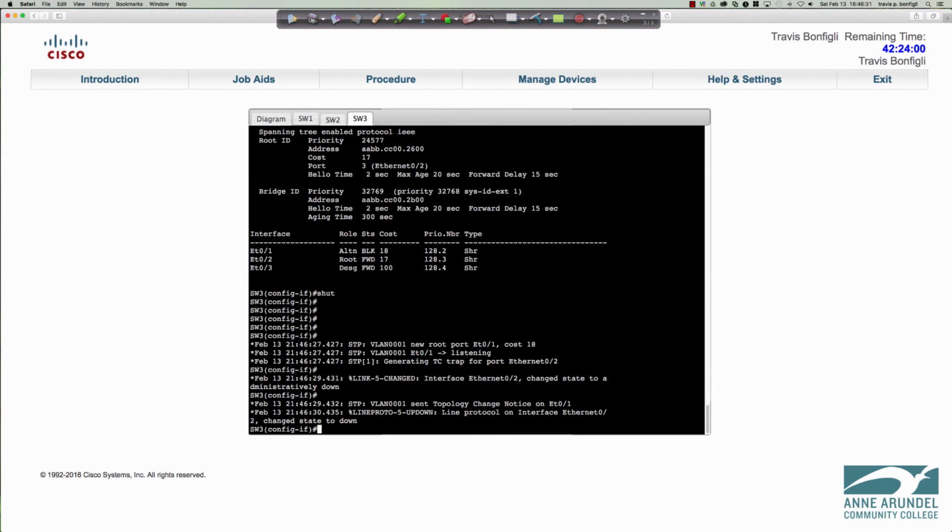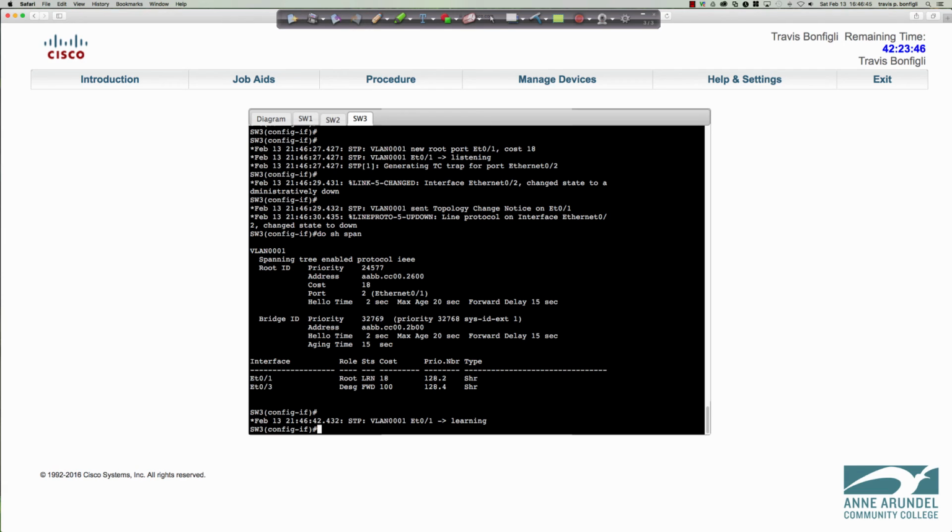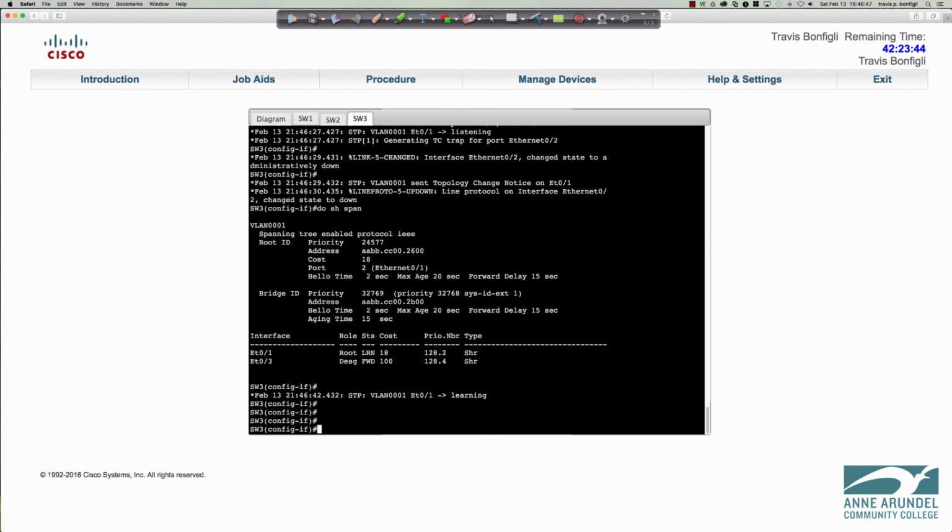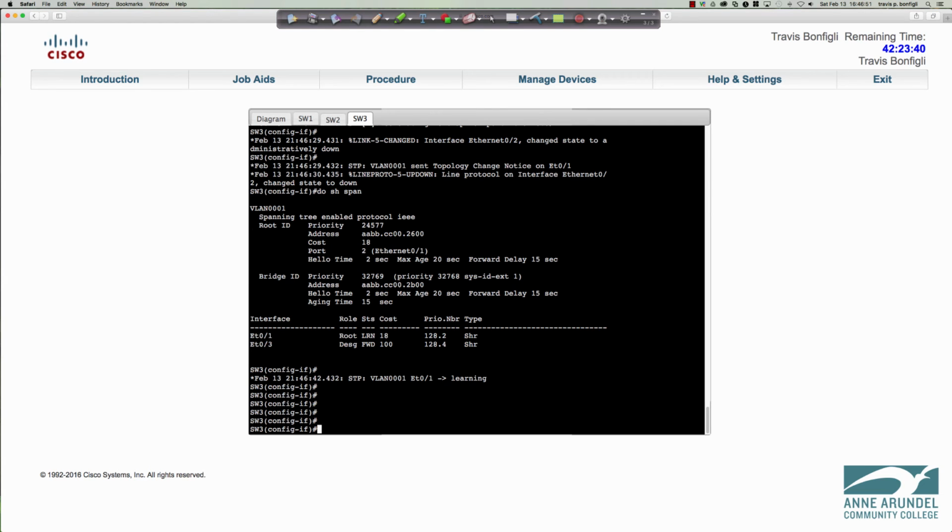You can see that VLAN 1 new root port is now Ethernet 0/1, and it's transitioned into the listening state, right? So if I do show span, you can see we're already in the learning state, and that's what that debug is for. It shows that we transition to learning, and then 15 seconds from now, we're going to transition into the forwarding state for Ethernet 0/1.